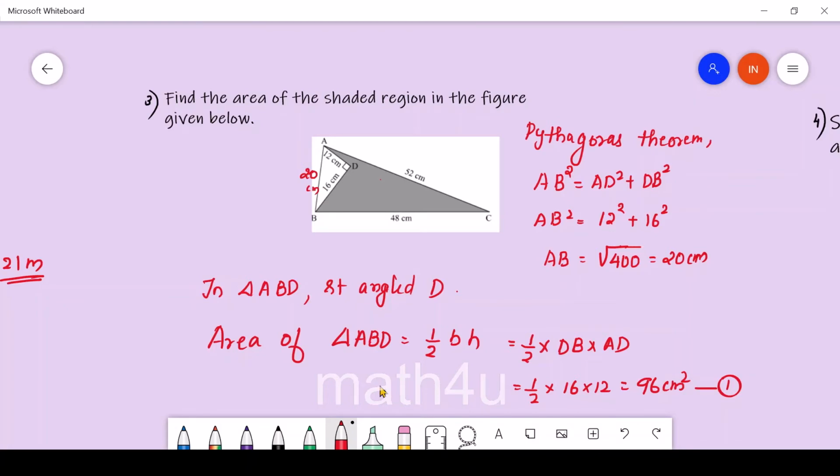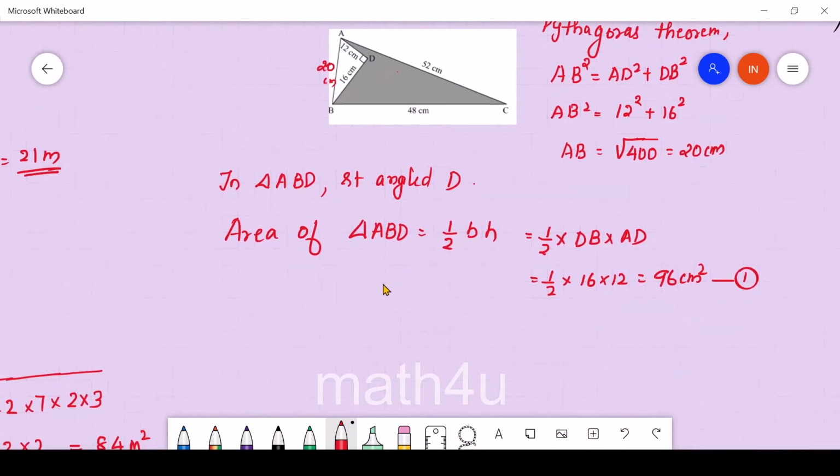So now we are going to find out the area of the triangle ACB. Okay. So to find area of triangle ACB, we have to get the semi-perimeter. S is equal to 20 plus 52 plus 48 whole divided by 2, you can see the sides 20, 52 and 48. You will get it as 60 centimeter.